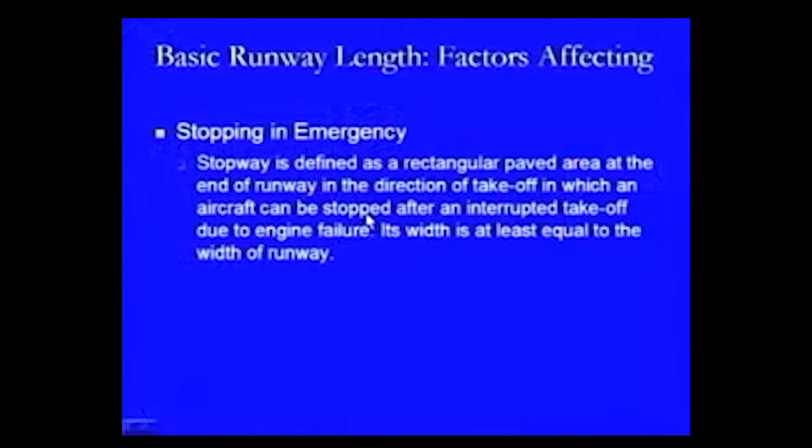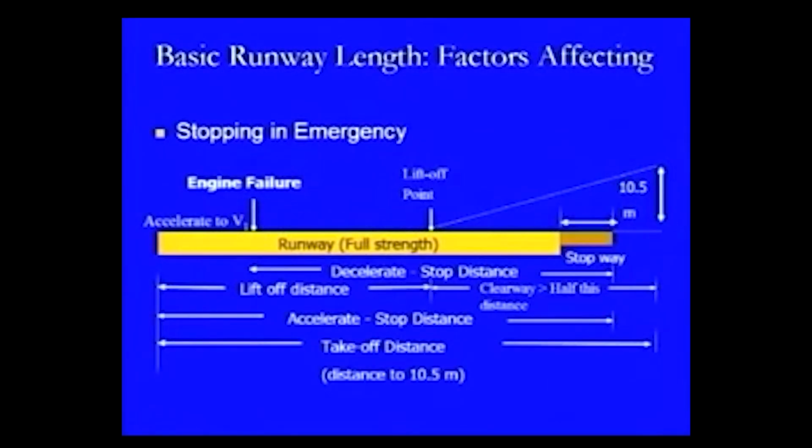Now, the stopway is defined as a rectangular paved area at the end of the runway in the direction of takeoff, in which an aircraft can be stopped after an interrupted takeoff due to engine failure, and its width is at least equal to the width of the runway strip, or it may be more than that.